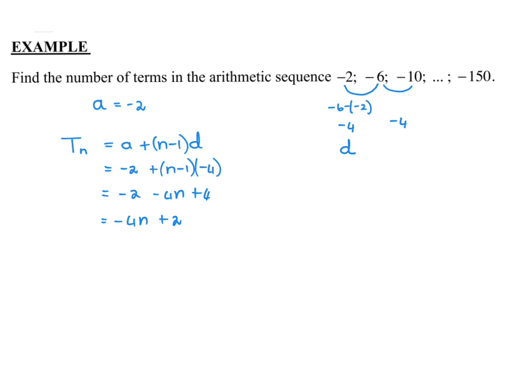You now know that minus 150 is Tn, so you substitute minus 150 in the place of Tn, and that's equal to minus 4n plus 2. 4n is therefore equal to 152, and then you divide by 4 on both sides, and n is equal to 38, and therefore there are 38 terms in this arithmetic sequence.